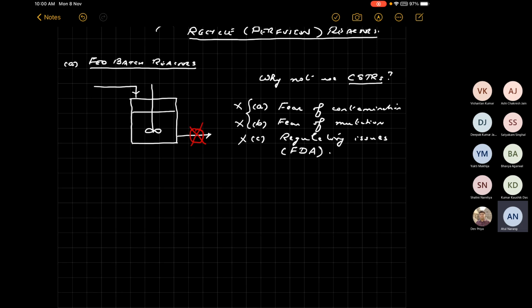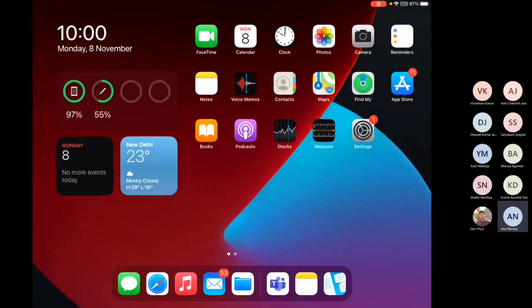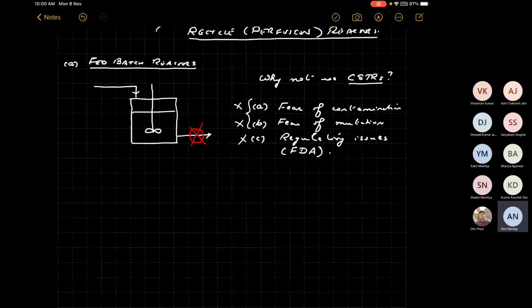So all these things taken together are pushing the manufacturers towards CSTRs. But as it stands today, they still use fed batch reactors because they feel that they can overcome problems A, B, and C, also because a fed batch will ultimately produce just a batch, right?